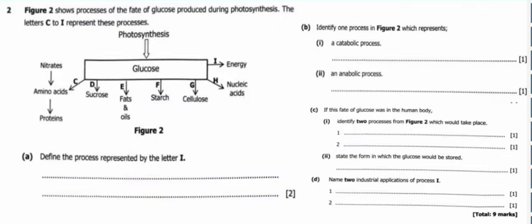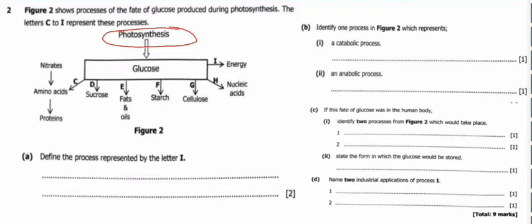Question 2. Figure 2 shows processes of the fate of glucose produced during photosynthesis. The letters C to I represent these processes. So we have the process of photosynthesis. Usually photosynthesis takes place in plants where carbon dioxide reacts with water to form glucose plus oxygen.